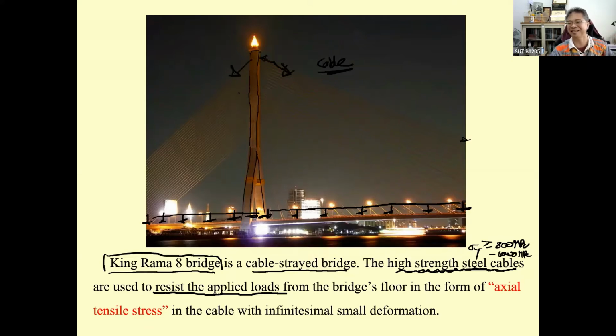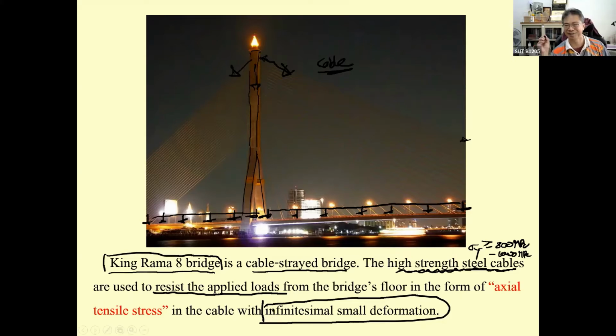Okay, that is a kind of gymnastic. Make the load balance by itself and transfer the resultant force to the foundation of this structure. And then the cable must have very small deformation under operation. If not, the floor of the bridge may vibrate and have large deformation. That is no good in use.